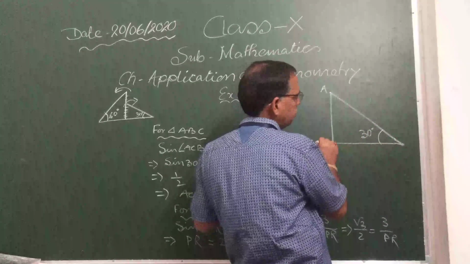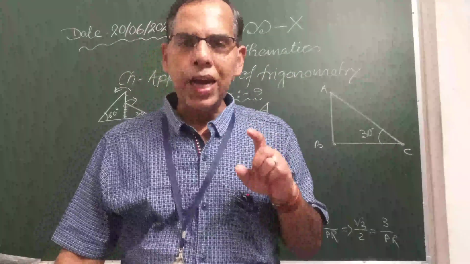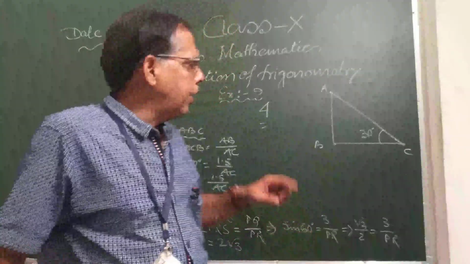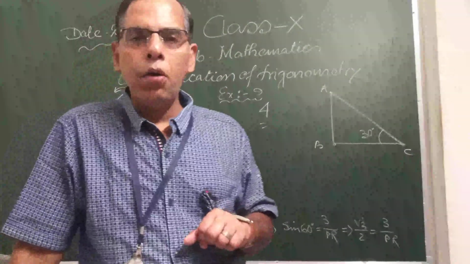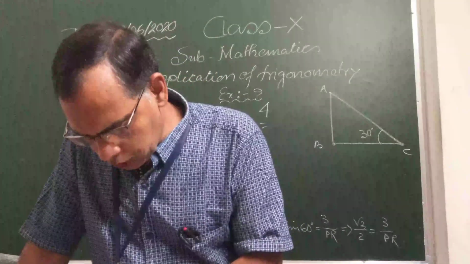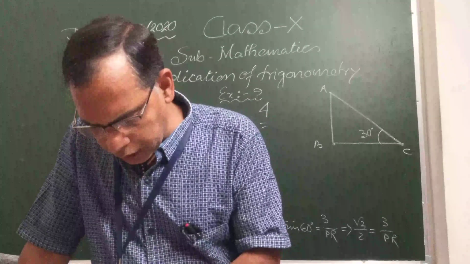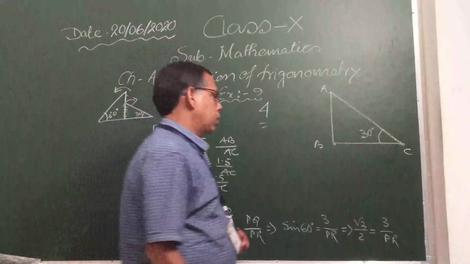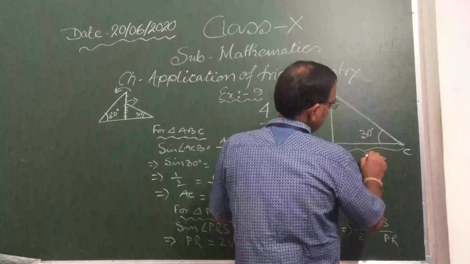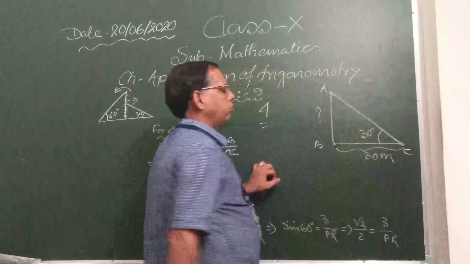This is A, this is B, this is C. C is the point of sight, B is the foot of the tower, AB is the height of the tower, and AC is the line of sight. Which is 30 meters away from the foot of the tower, so this distance BC is given, 30 meters, and you have to find out this one.